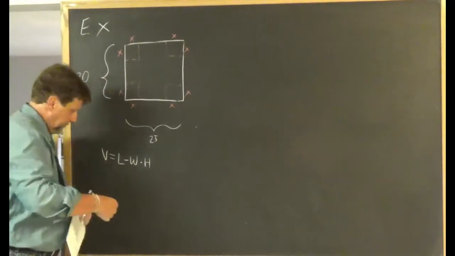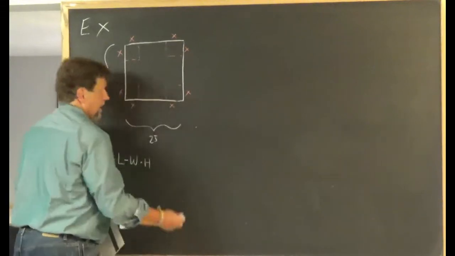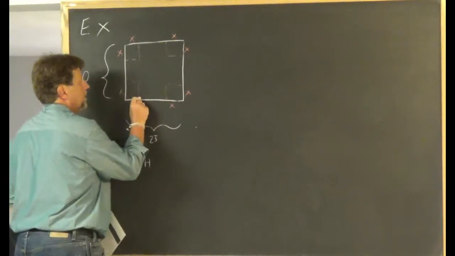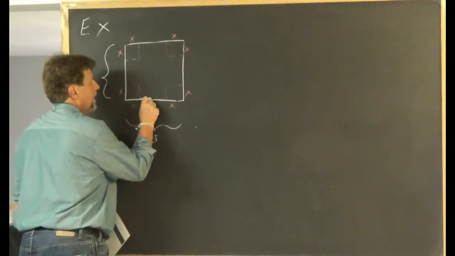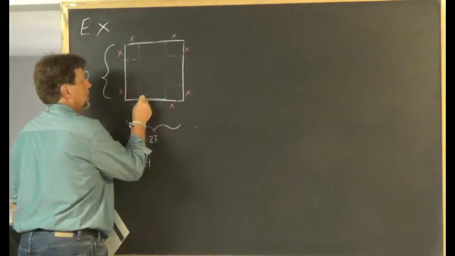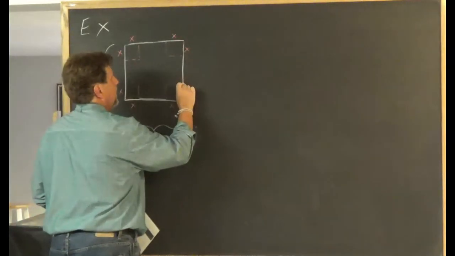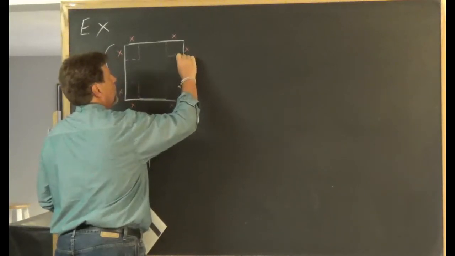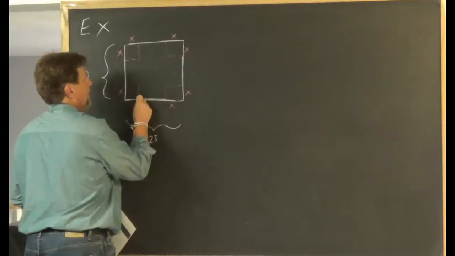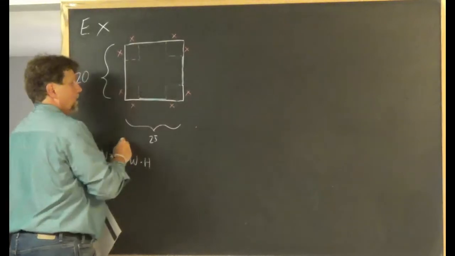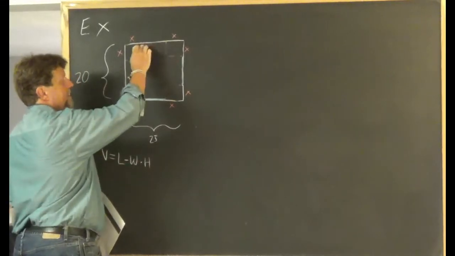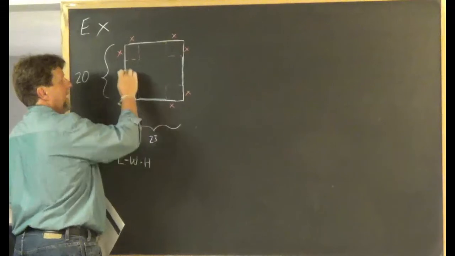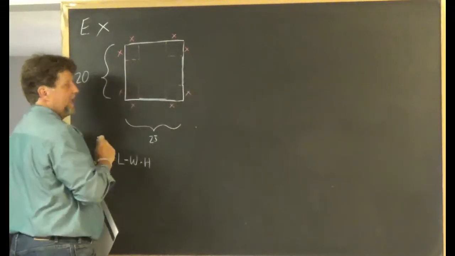Well, let me highlight in this blue chalk right here and right here. One of them's the length, one of them is the width. Well, this piece here would be the same as that, and this piece here would be the same as that.